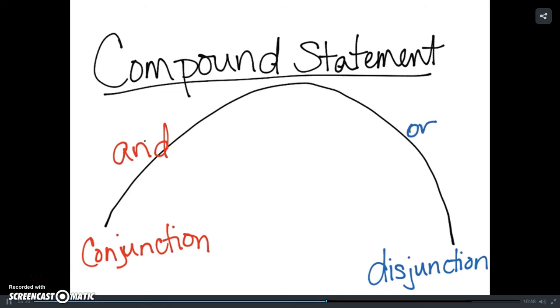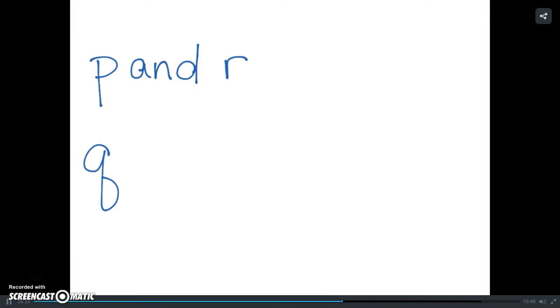I also want to talk about some notations that we're going to be using. So you might get something like this. Or you might have something like this. Or you could have something like this.